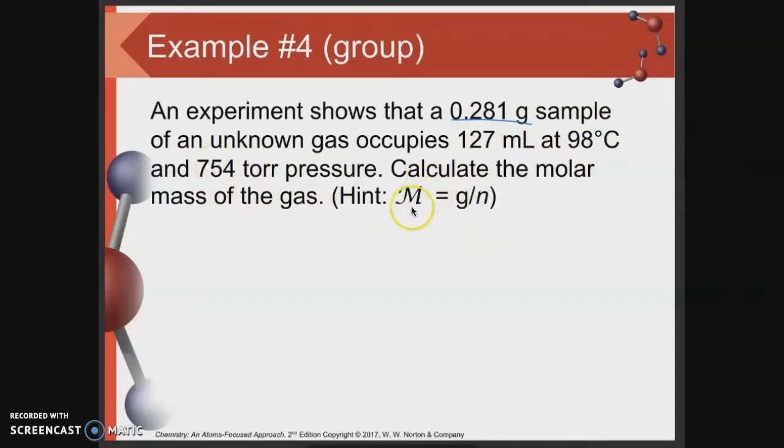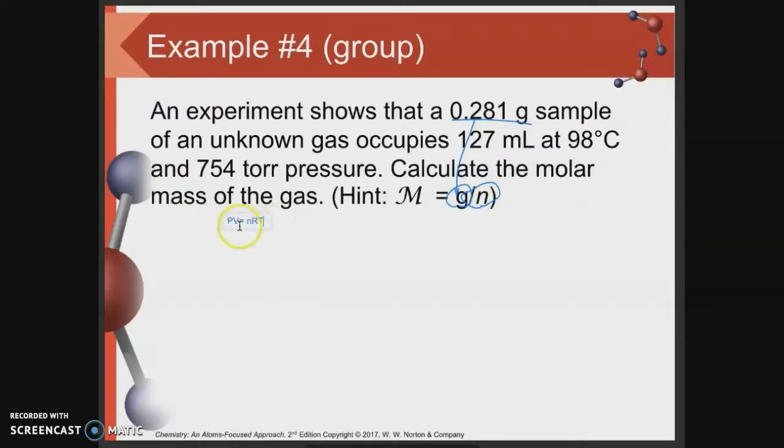Now, to do a molar mass, you need a mass of gas and the number of moles of that gas. Well, the mass of gas we already have, 0.281 grams. It's a matter of figuring out the number of moles. And that's where the ideal gas law comes in. PV is equal to nRT.